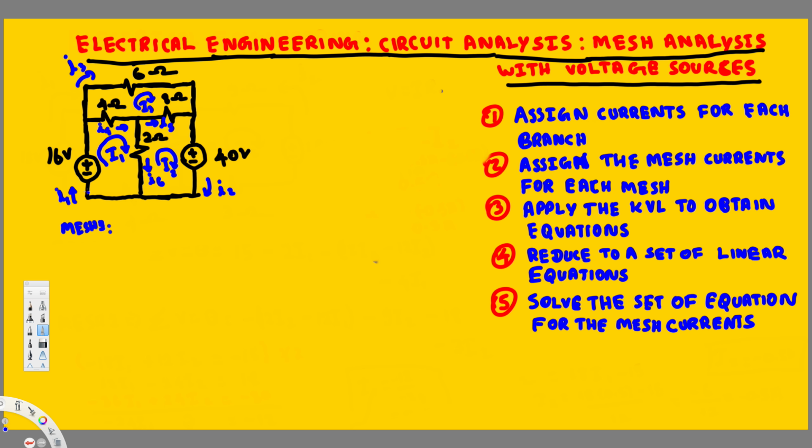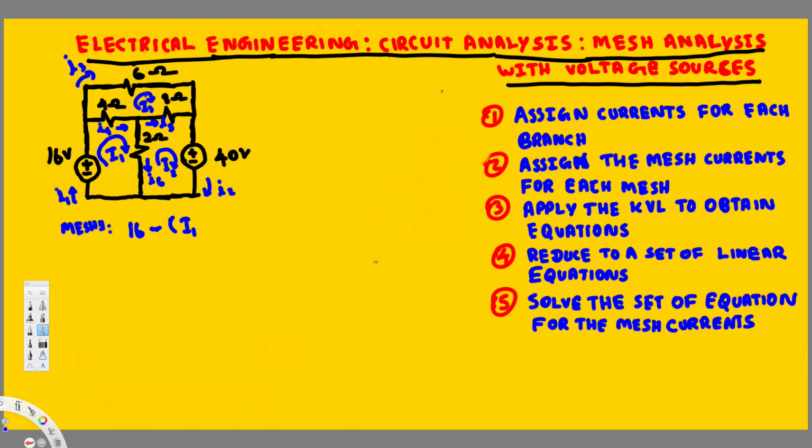If it goes from negative to positive, that's going to be a positive 16 voltage. Now let's avoid the voltage signs and just put the numbers only, that way it will be easier. So here we have 16, and then I1 goes through this 4 ohm, so this is going to be 4 I1, along the path, so that's negative.